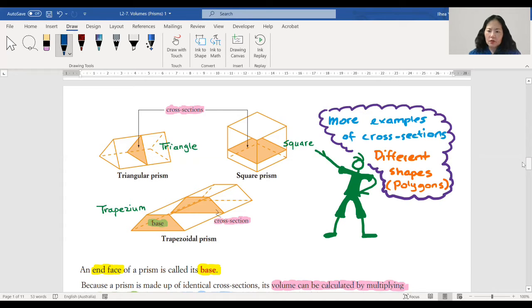Another word that you need to think about here is the end face of a prism. It's called the base. The one that is going to be on the floor. That's my triangular prism base here. A square prism base could be on the top here. That's my base. The base will give us a cross-section 2D shape.